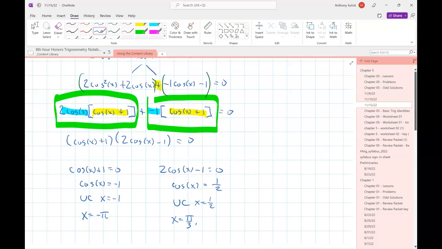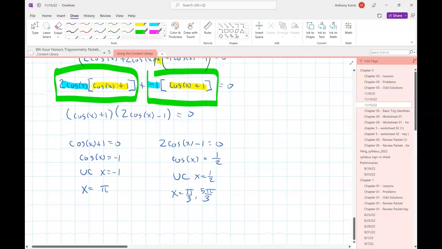Pi over 3 and 5 pi over 3. Oh, not -pi. My goodness. Well, -pi is correct, but it's not in the interval that I was looking for. Pi is the one I wanted. So those are my answers.